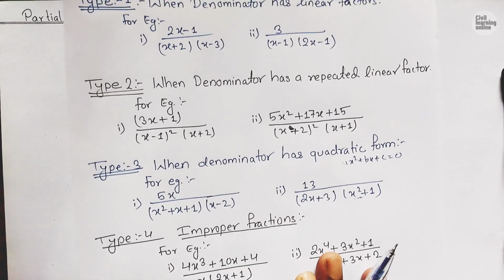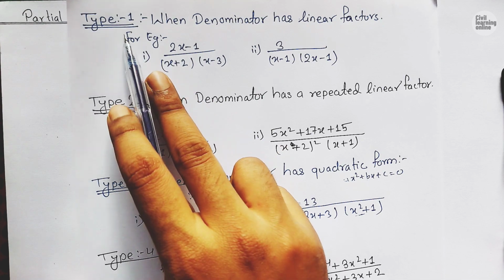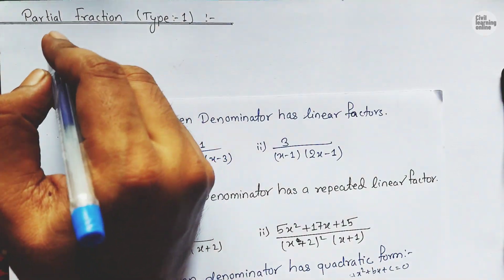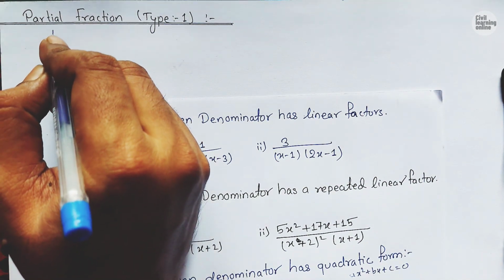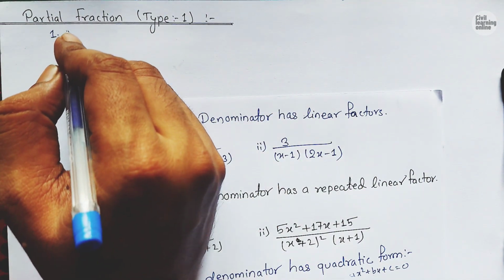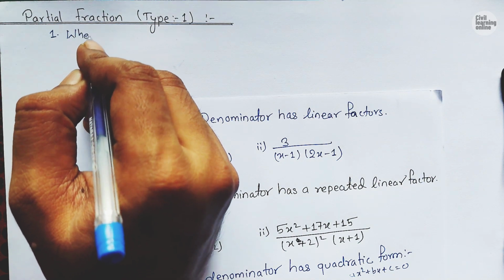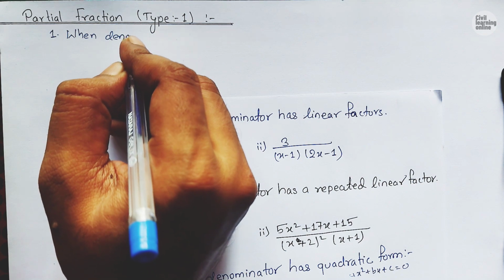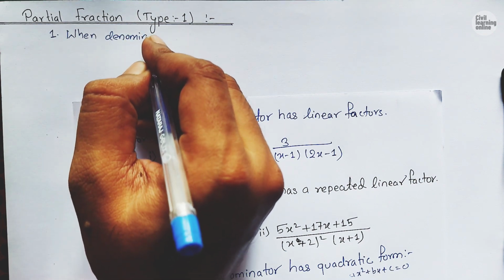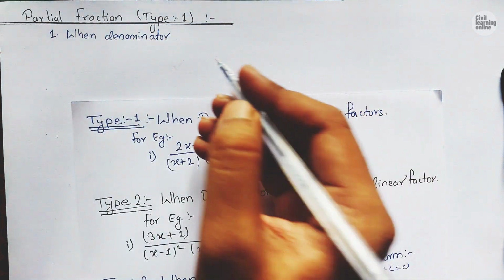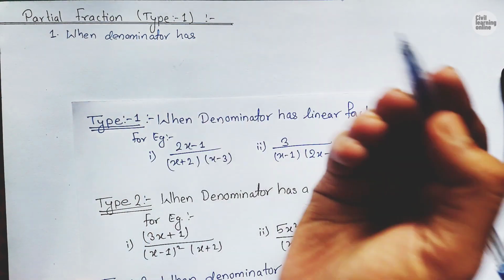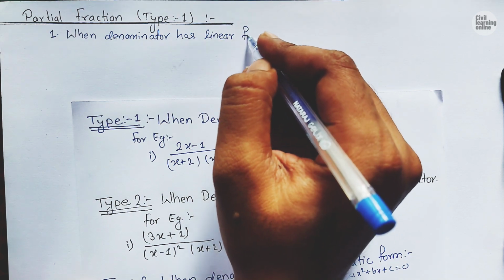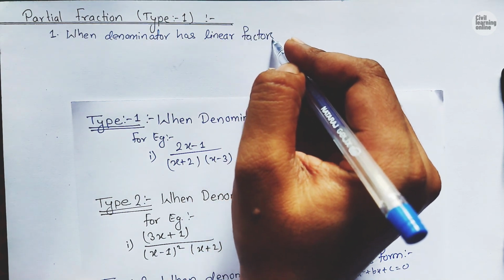So let us first discuss the numerical example of type 1, that is, when the denominator has linear factors.